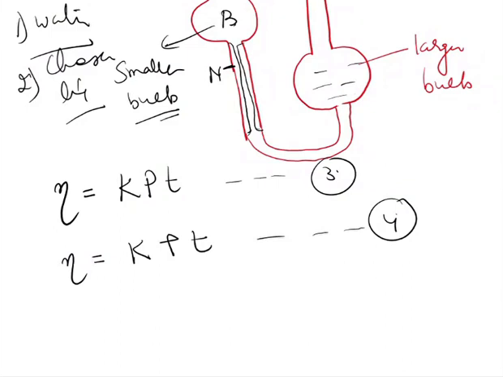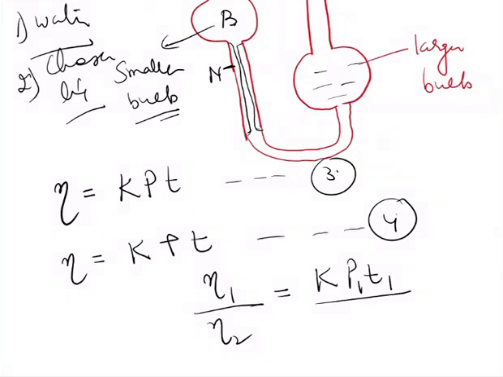Yes, ma'am. Okay. So if you have two liquids, you can use the equation eta 1 by eta 2, which is equal to K P1 T1 upon K P2 T2, which is equal to P1 T1 upon P2 T2.